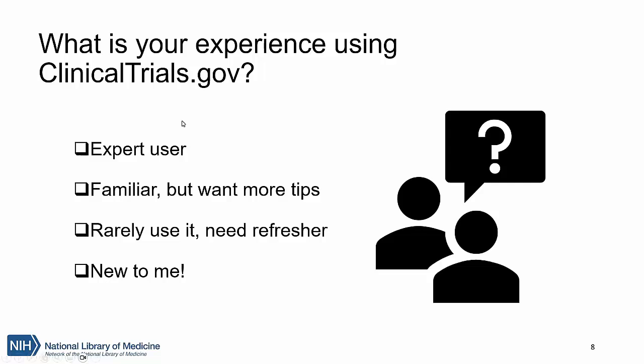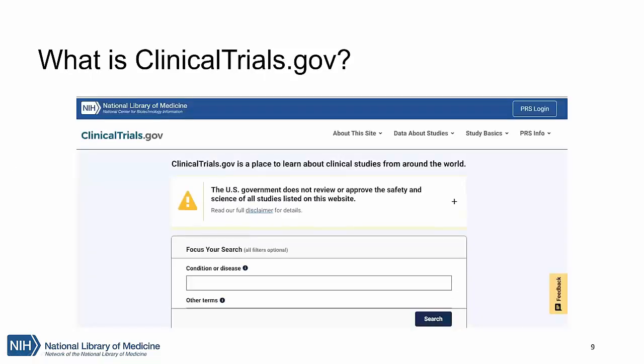So what is ClinicalTrials.gov? Let's set the scene by taking a high-level look at ClinicalTrials.gov. It is a website and an online database of clinical research studies and information about their results. It's the world's largest registry of publicly and privately supported clinical studies and results, and is maintained by the National Library of Medicine and the National Institutes of Health.